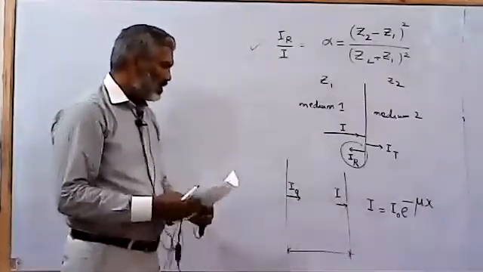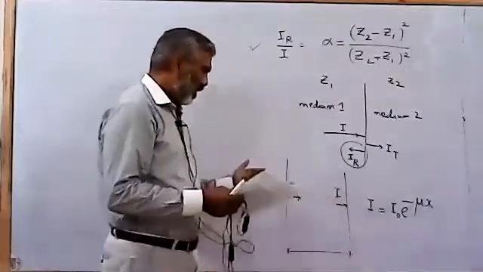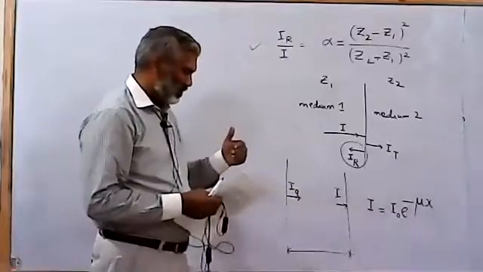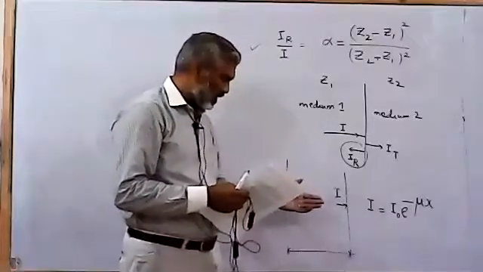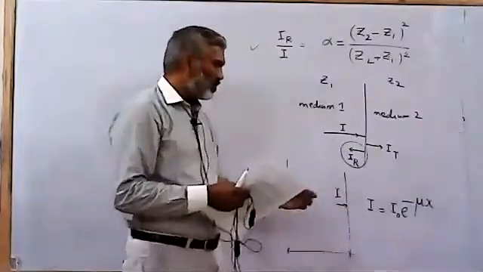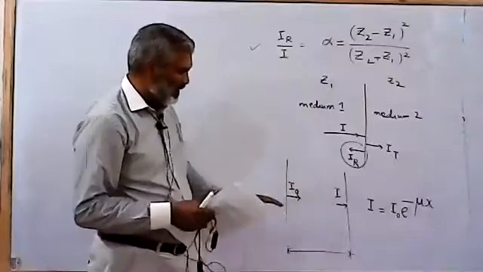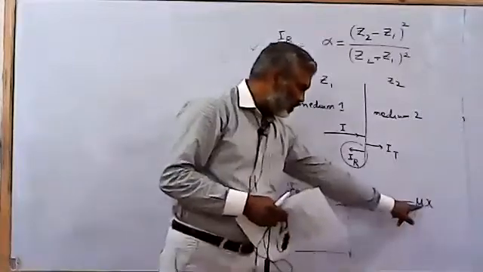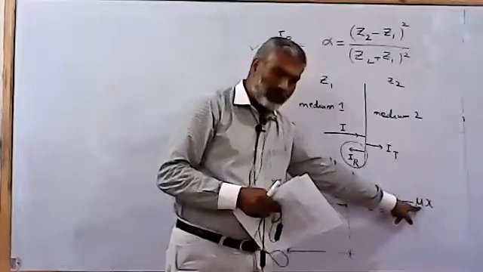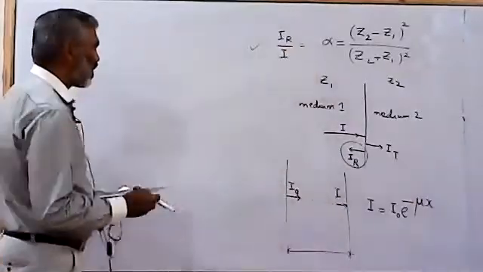This simply means how much will be attenuated, how much will be the loss of the intensity as it reaches the other end of the medium. Obviously, it depends on two factors. One is the type of the medium, which means the value of the absorption coefficient or attenuation coefficient.